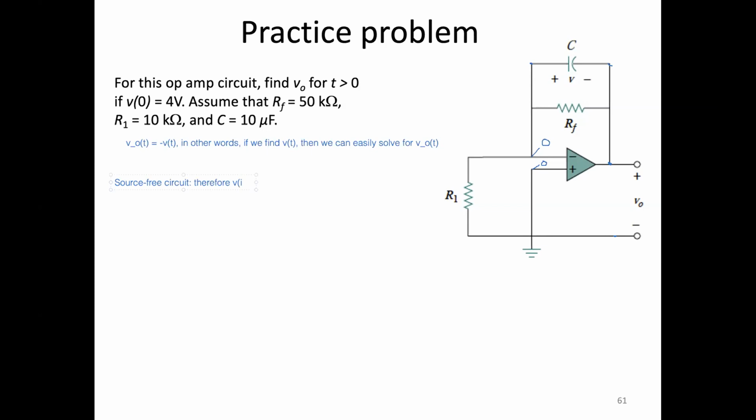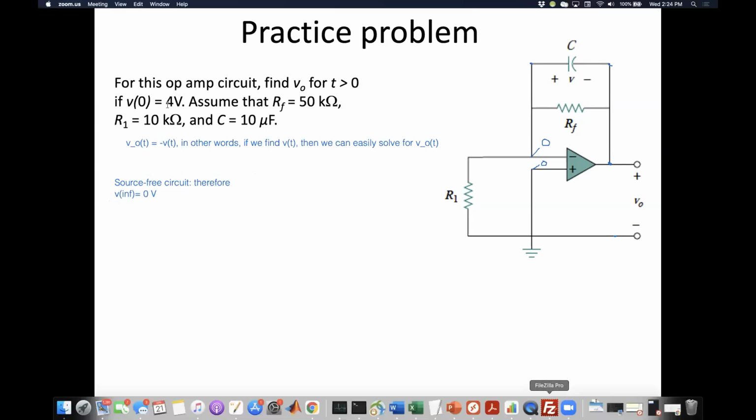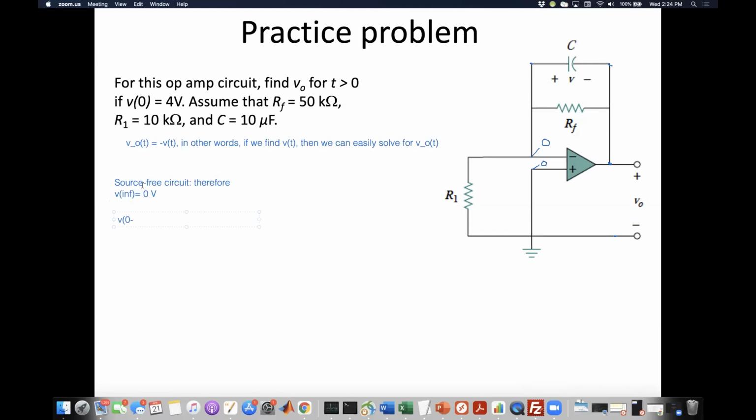Okay. The next thing that we're going to do is, we know that we're given that the initial value of the capacitor voltage is 4 volts. Okay.